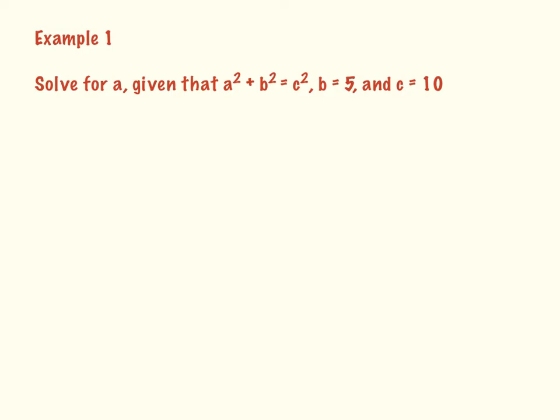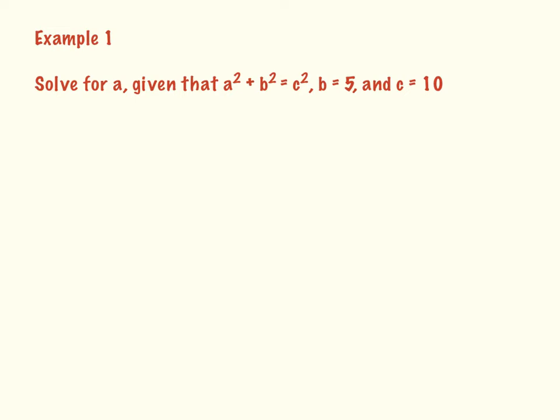So this shouldn't look all that much different from questions that we saw before, where we were given some information, and we need to put that information into the equation and then solve for a letter. So let's just start putting these numbers in, the 5 and the 10, into our equation and see what we have.